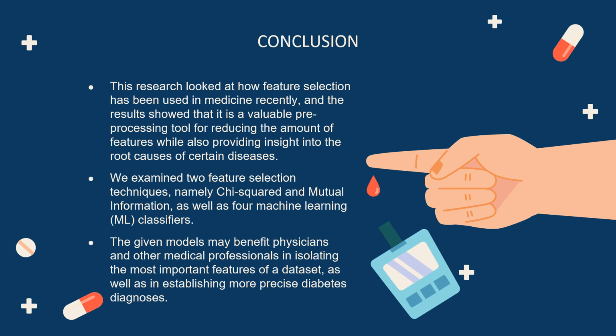We examined two feature selection techniques, namely chi-squared and mutual information, as well as four machine learning classifiers, which are SVM, k-nearest neighbor, logistic regression, and random forest. The given models may benefit physicians and other medical professionals in isolating the most important features of a dataset, as well as establishing a more precise diabetes diagnosis.